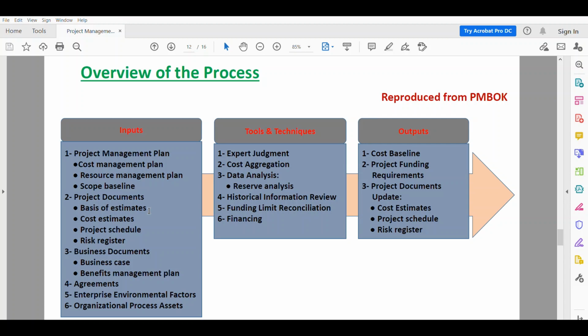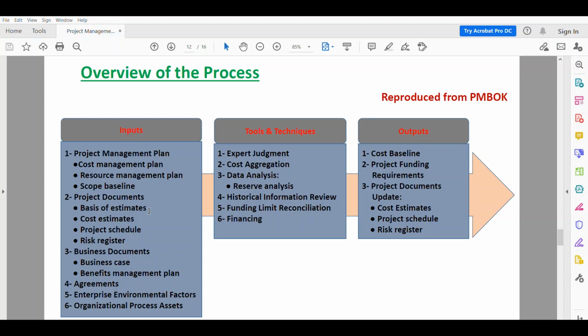The third input is the business documents, the business case and benefits management plan, which we talked about before actually. The fourth one is the agreements and contracts. These are used also as input because we should know what contracts we have with service providers and others. And the fifth one, enterprise environmental factors. And the sixth one is the organizational process assets.